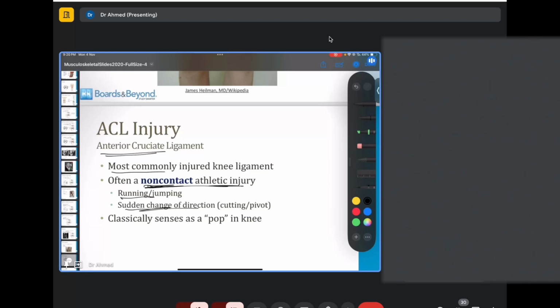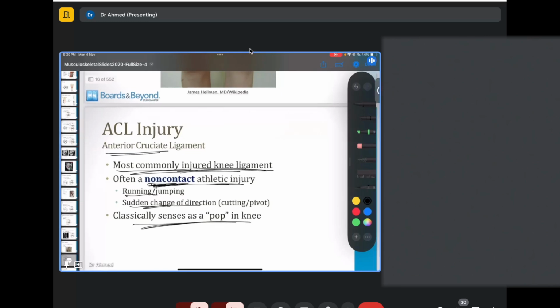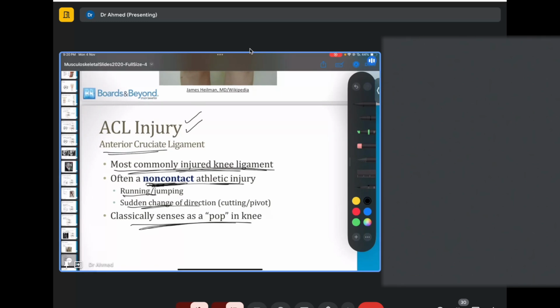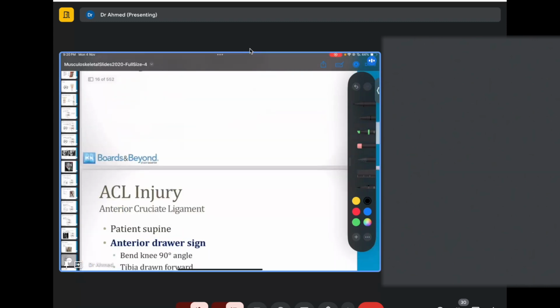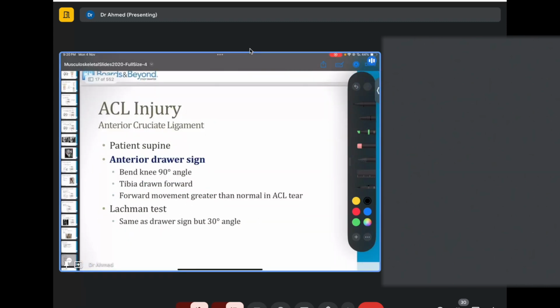As already discussed, it's the most commonly injured knee ligament, right? And this person would say that they just heard a pop in the knee while pivoting, running or jumping. So you're going to see MCQs related to anterior cruciate ligament injury. How to check whether the anterior cruciate ligament is torn?